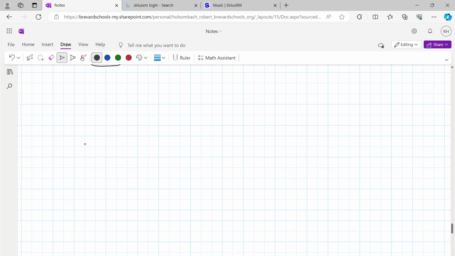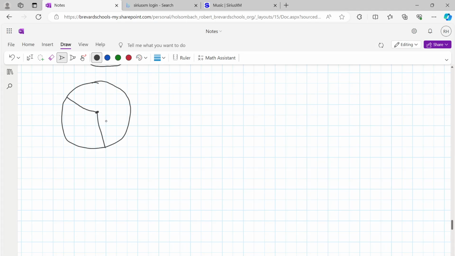There are 3 central angles in there. And we've got G, J, H. The center of this circle looks to be F.